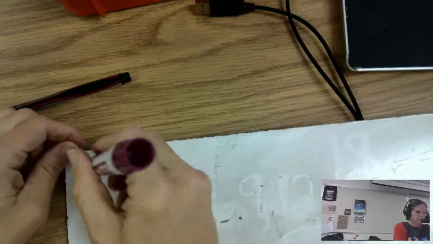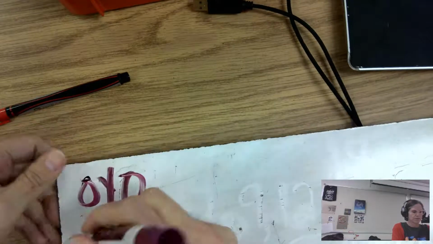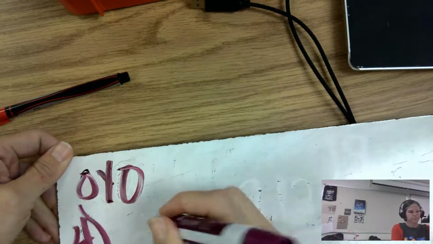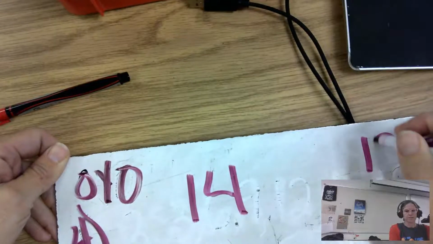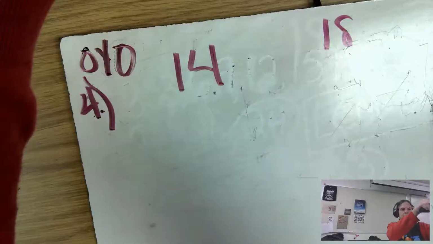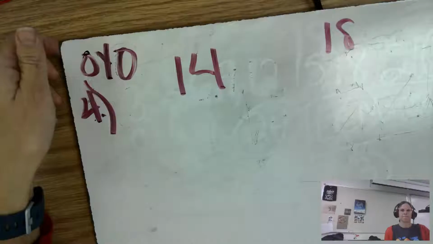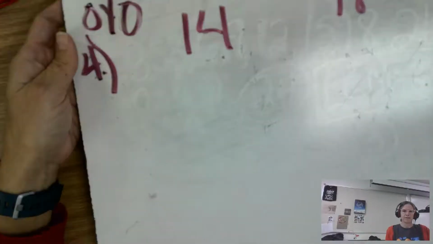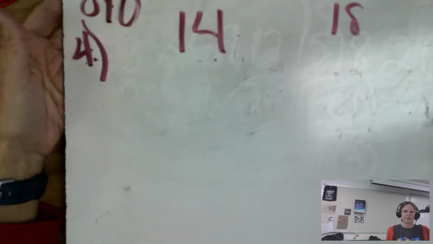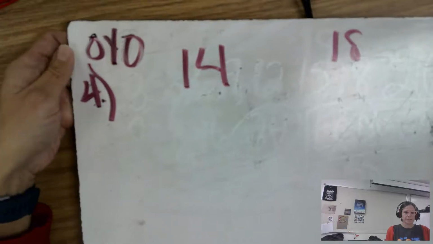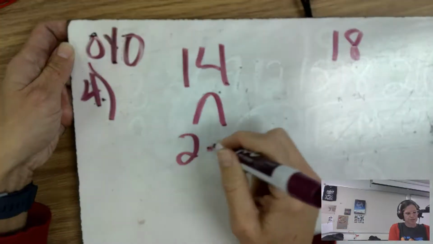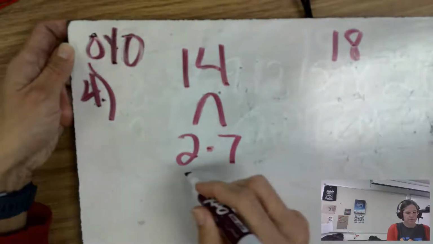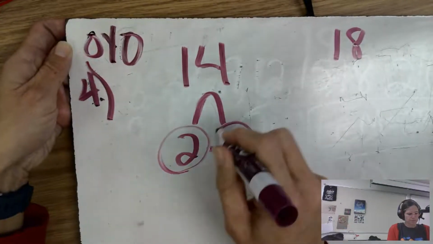On your own. So 14 and 18. We're going to zoom out a little bit. All right. Okay, so 14's prime factorization is really easy. It's just 2 times 7. Both of these are prime numbers, so I'm done.